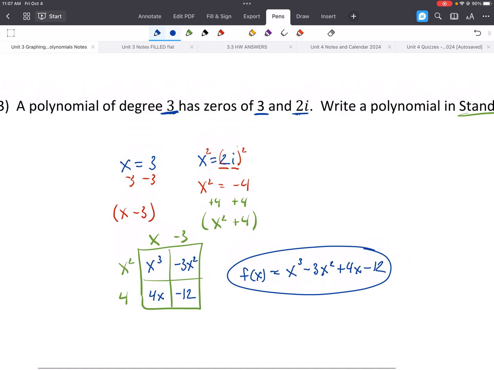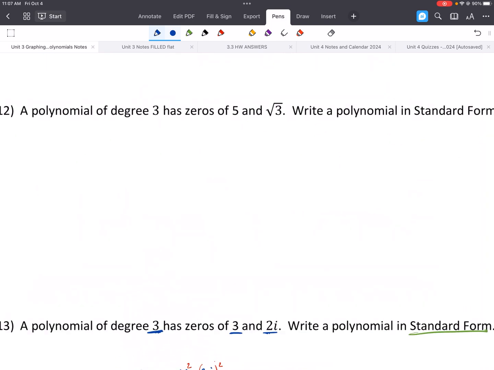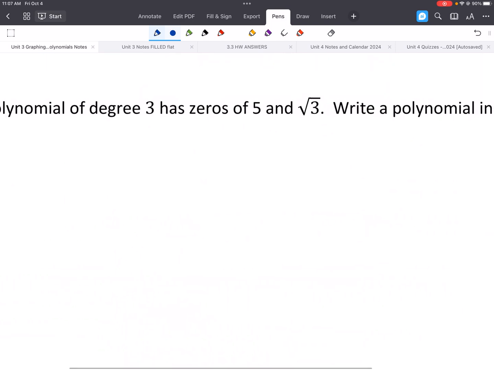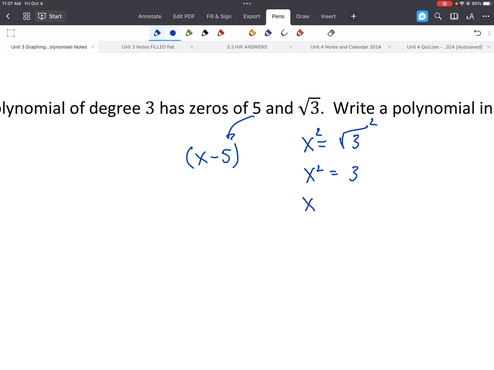All right, and then we'll finish this last one. Same thing, we would end up getting x minus 5 as one of our factors. And then here I'm just going to set it equal to x equals the square root of 3, so we'd square both sides. x squared equals 3, and then we would subtract, so that would be our other factor.